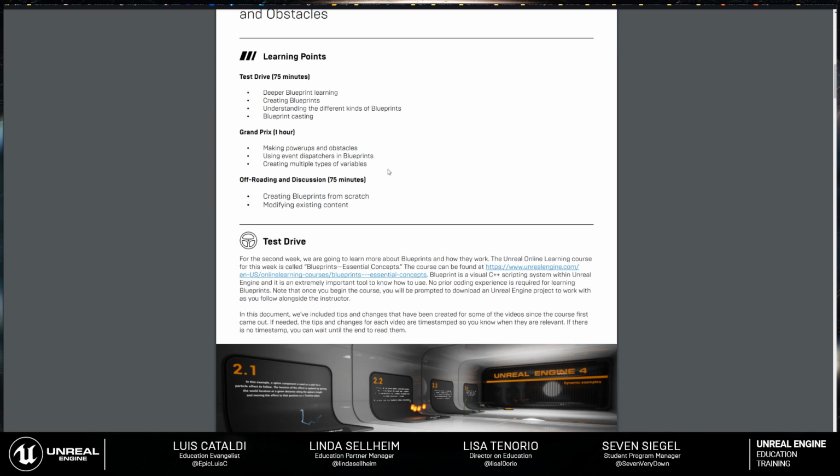As seen here in workshop 2, they work on making power-ups in their game, and they touch on timelines just a little bit, and other aspects within the character movement component, so they can slowly understand how the engine works. And then we have an off-roading and discussion section.